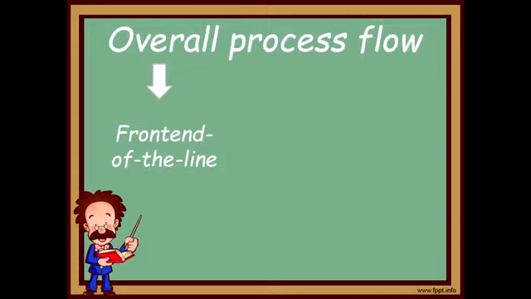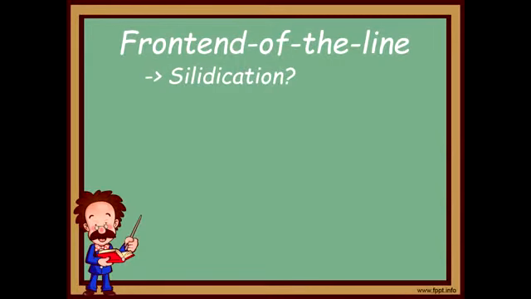Okay, and the other division is what we call the back end of the line processes, or the BEOL processes. Let us first discuss what are these front end of the line processes.